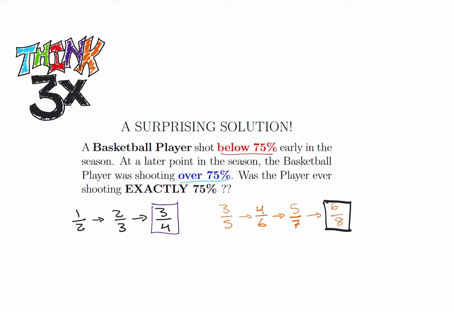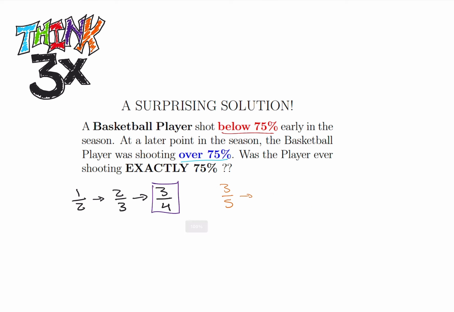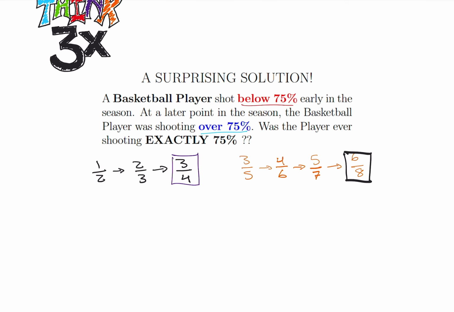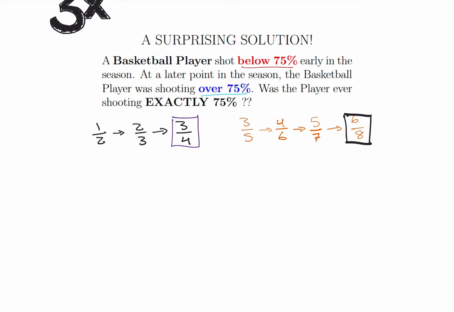It's kind of weird, but is this always true? Is there some mathematical reason why this always has to be true? Let's go ahead and check it out. First, let's define some variables. Let's say M is the number of makes, so these are the shots that go in the basket, and let's say that T is the number of total shots.